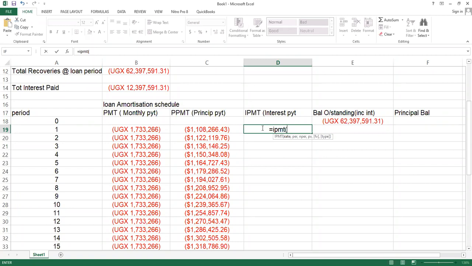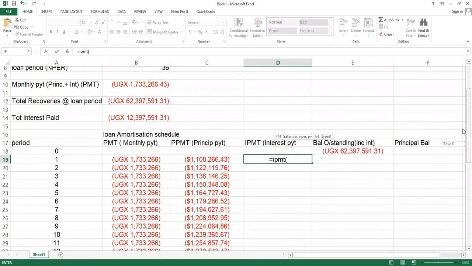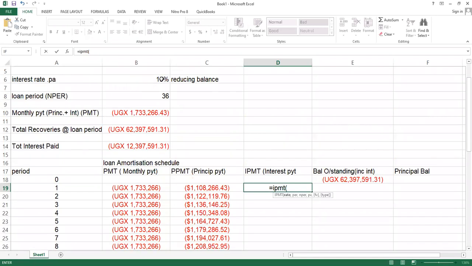The rate is that 15%, so I come here, put 15%, and divide this by 12. Then I put a comma. The PER is period 1. Put a comma.